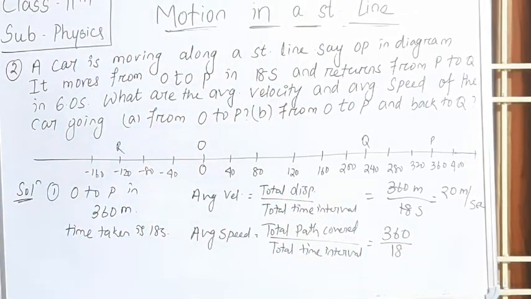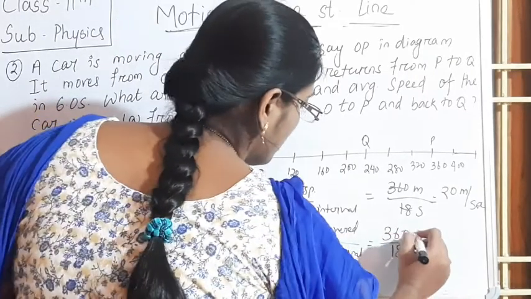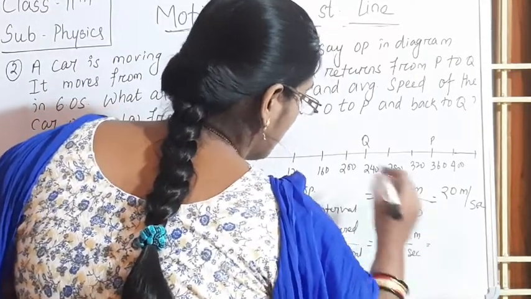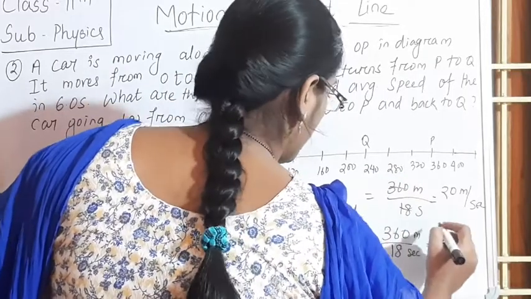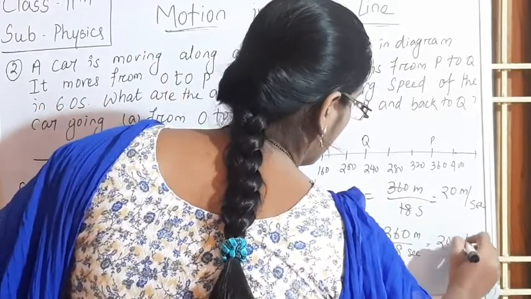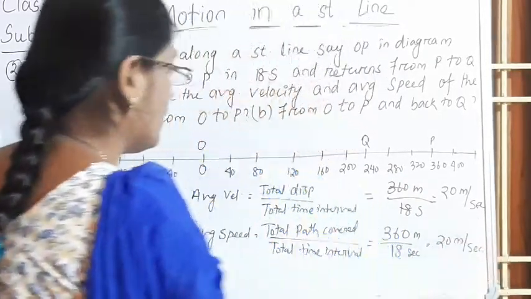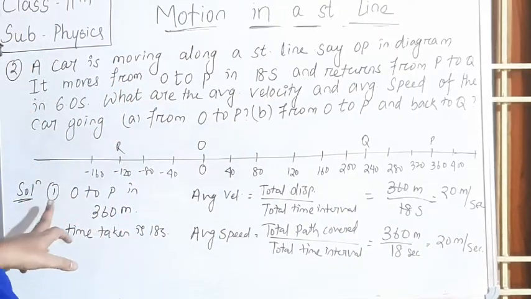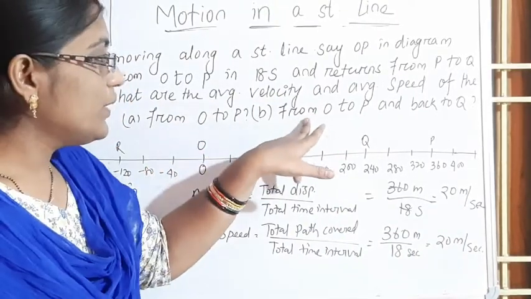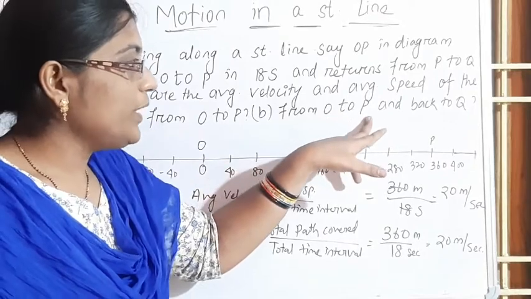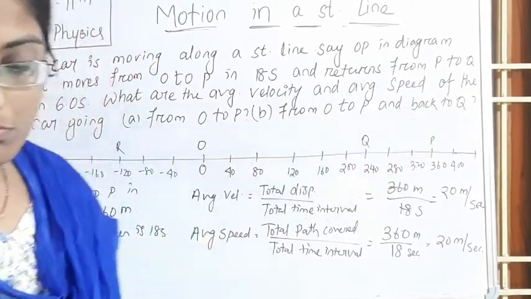Clear? So here also the average speed is 20 meter per second. Clear? Now we will see the second case, when the car moves from O to P and back to Q.